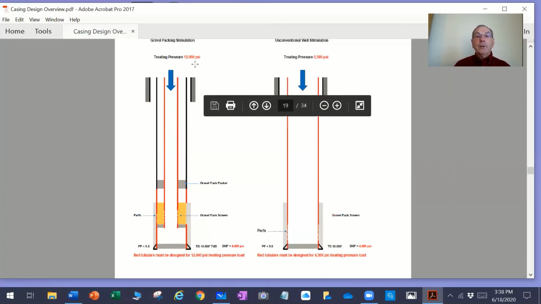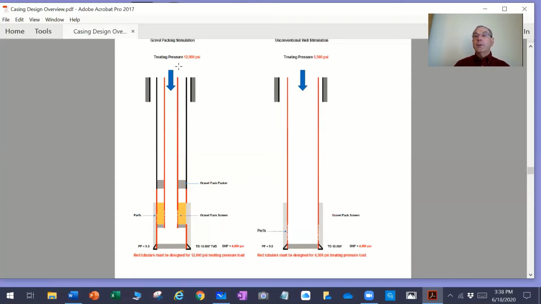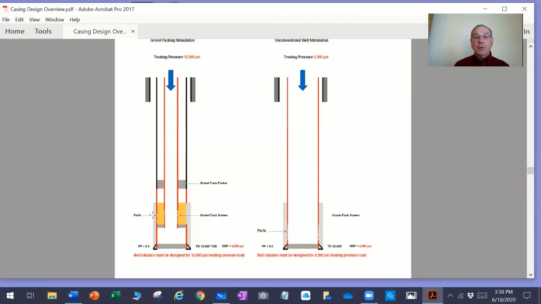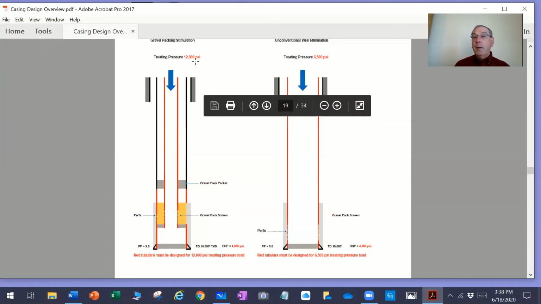So out of this 12,000 pounds treating pressure, the frictional pressure losses might have been 9,800 pounds. So if the 9,800 pounds of frictional pressure loss goes away, now I have this pressure wave going down that's 12,000 pounds that, if I don't mitigate it and manage it, can rupture this casing down here at the bottom. So the red part of the casing down here at the bottom, on the outside of this gravel pack assembly from this gravel pack packer down, would be rated to this treating pressure.